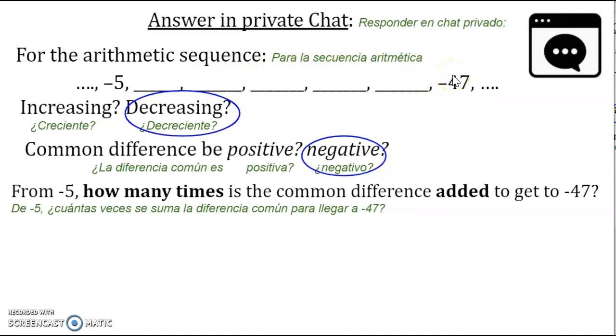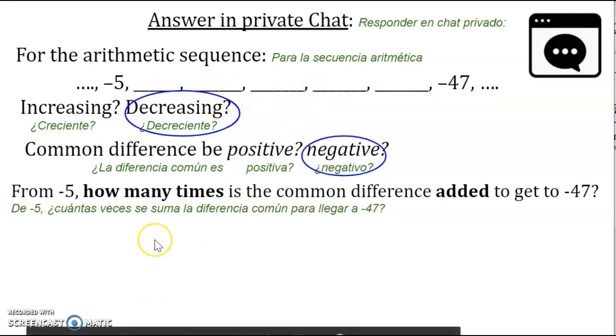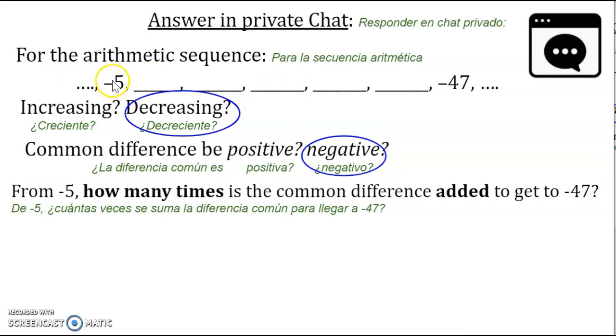Okay, do you see the pattern? When you're missing 5 numbers, you add the common difference 6 times. Previously, you were missing 3 terms and you added it 4 times, right? So it seems to be however many numbers we're missing, we're adding it one more time than however many numbers we're missing.